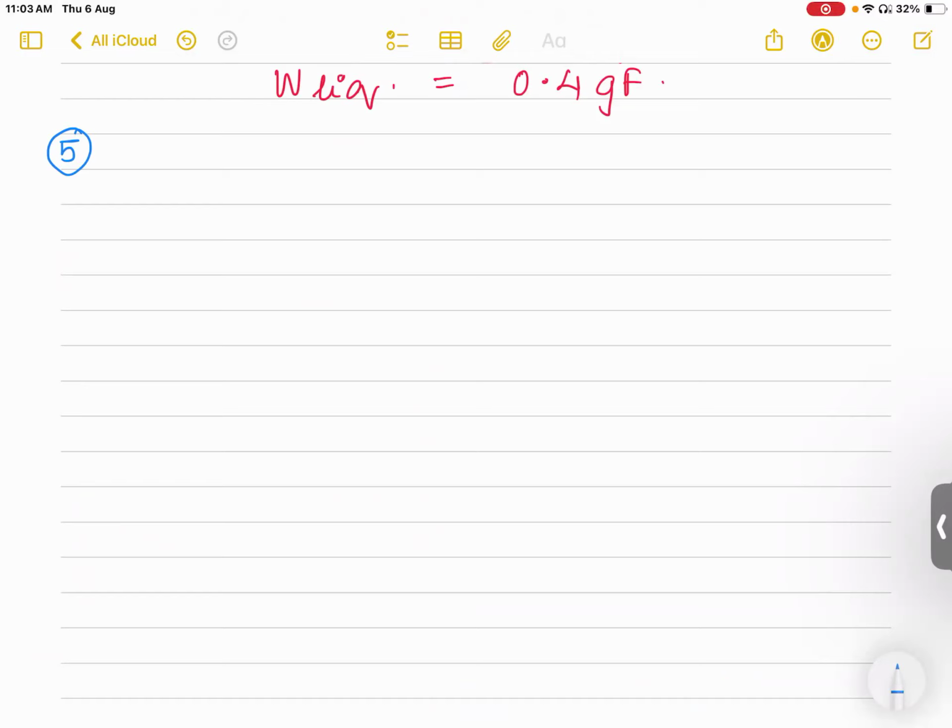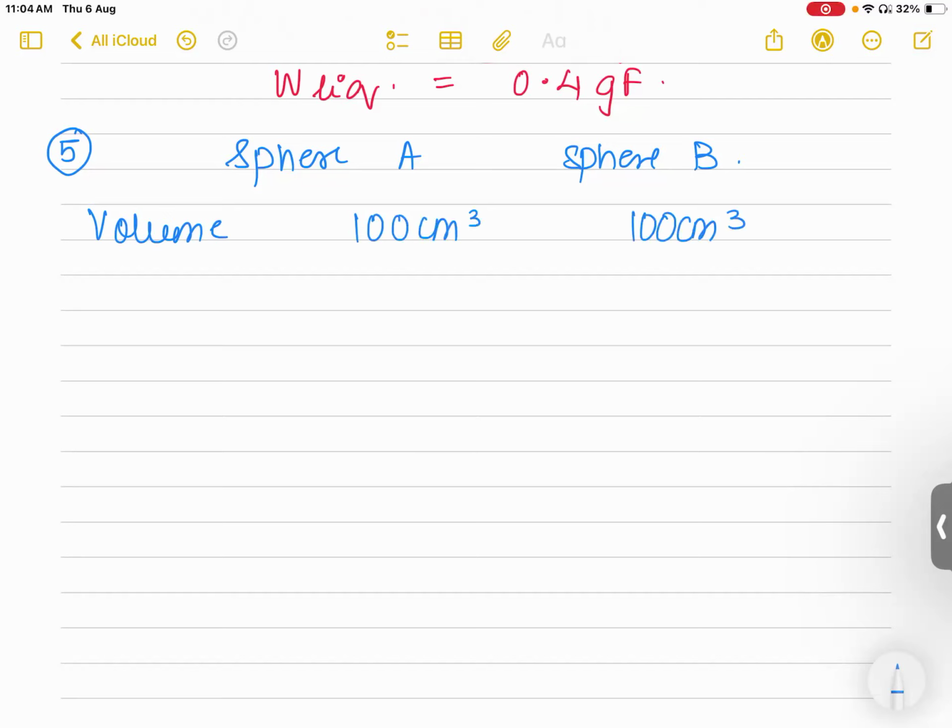There are two spheres, students. One is A and second is sphere B. They have instructed both the spheres each of volume 100 centimeter cube. So volume of the sphere is given to me: 100 centimeter cube. This is also 100 centimeter cube.